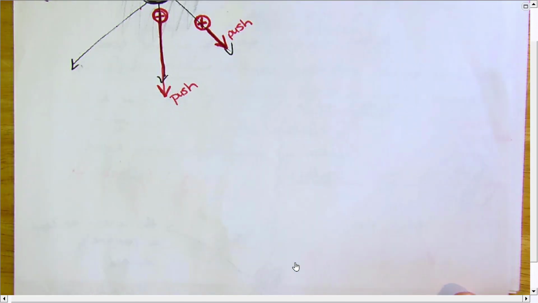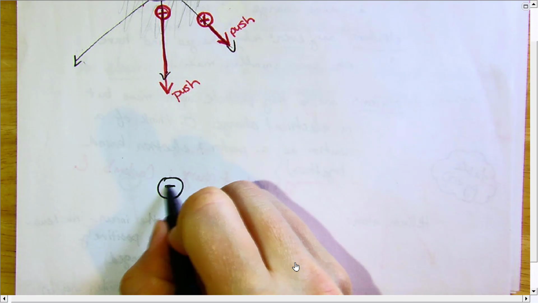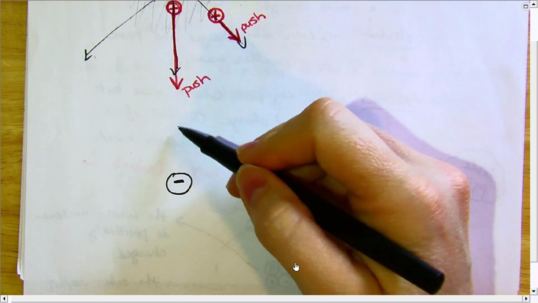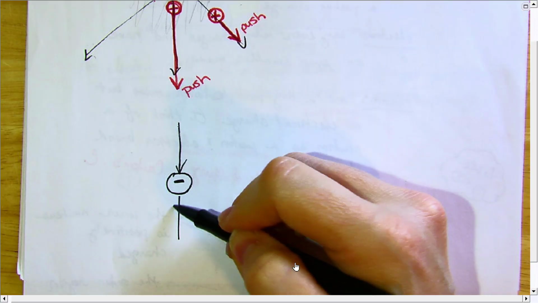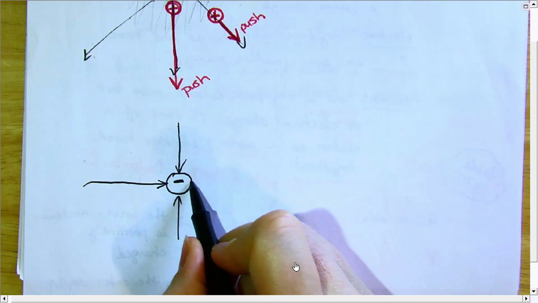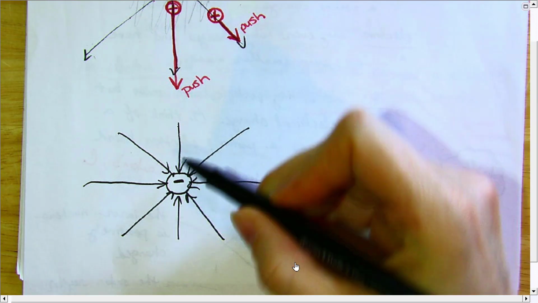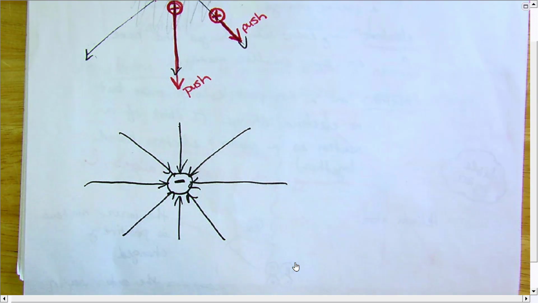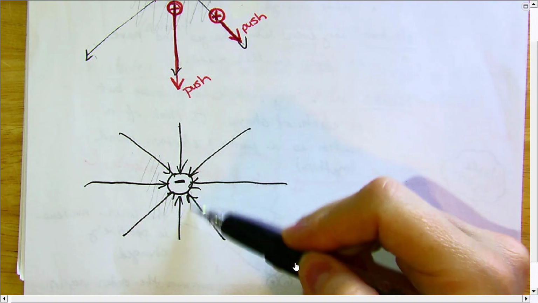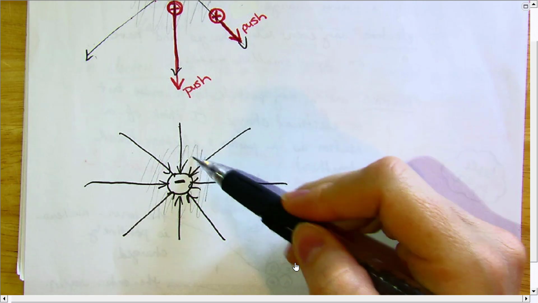And if I had a negative, what would its map look like? Well, we would imagine its map would look like this, with those lines of the map pointing towards the negative. And here, the lines are more bunched up again. So that region represents a region of stronger force.